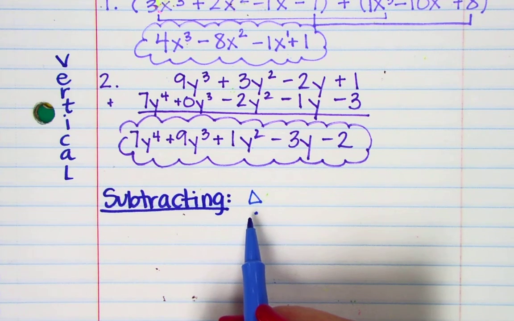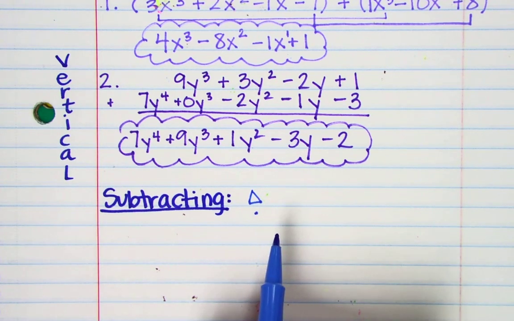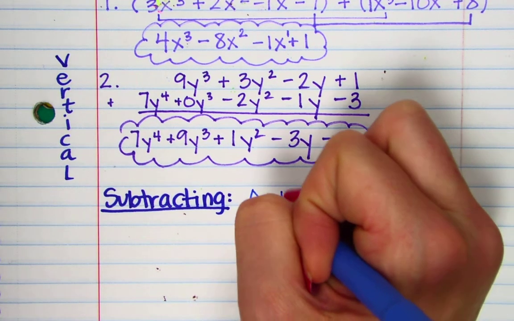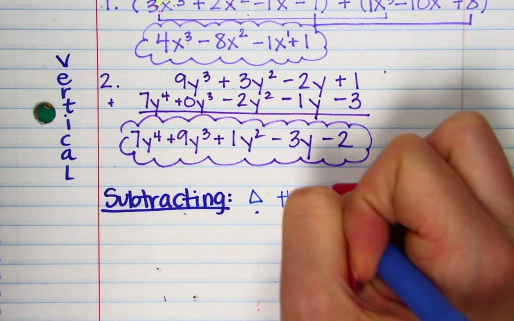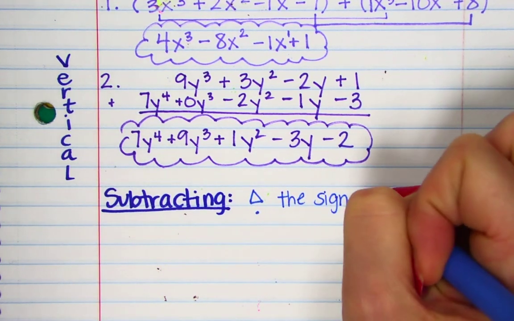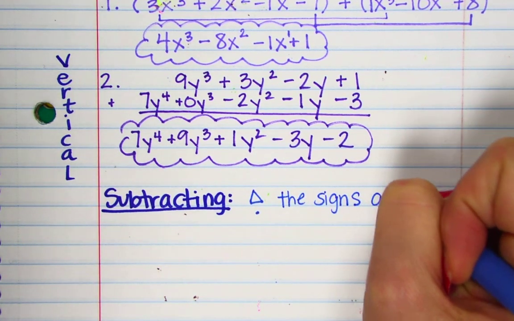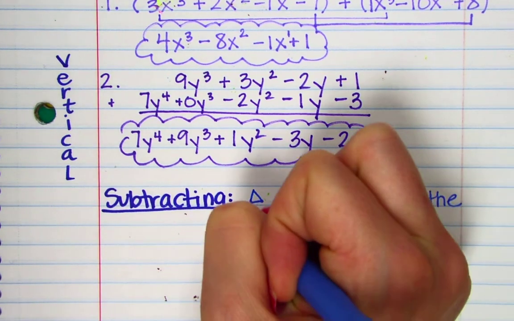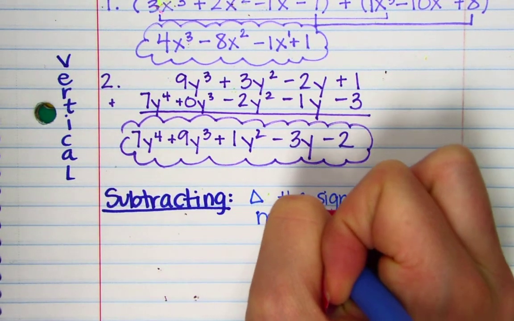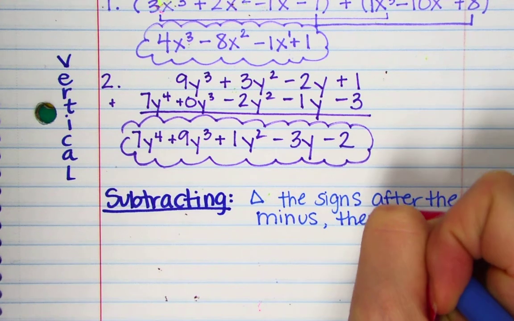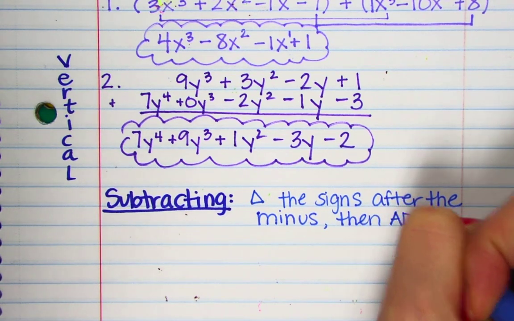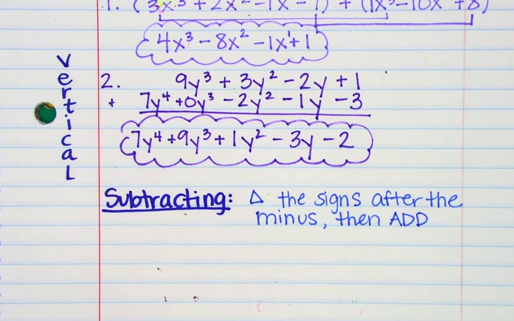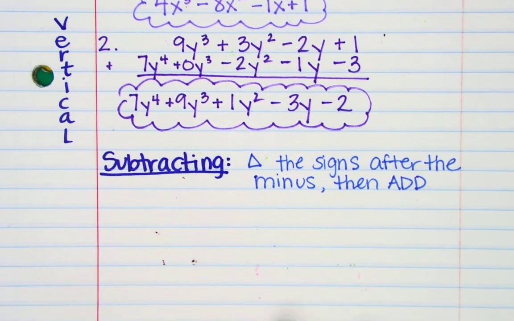Okay, otherwise there's no point. You're just writing something that doesn't make sense. Okay, help yourself. So change the signs after the minus. Then add. Okay, it's almost exactly the same as adding, only we have to change the signs after the minus.